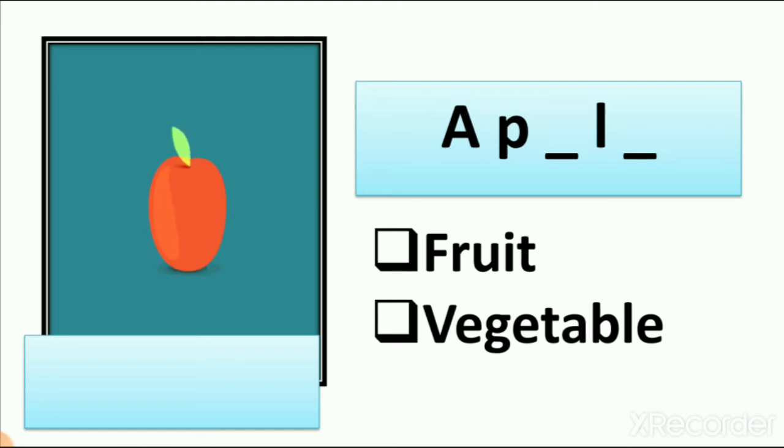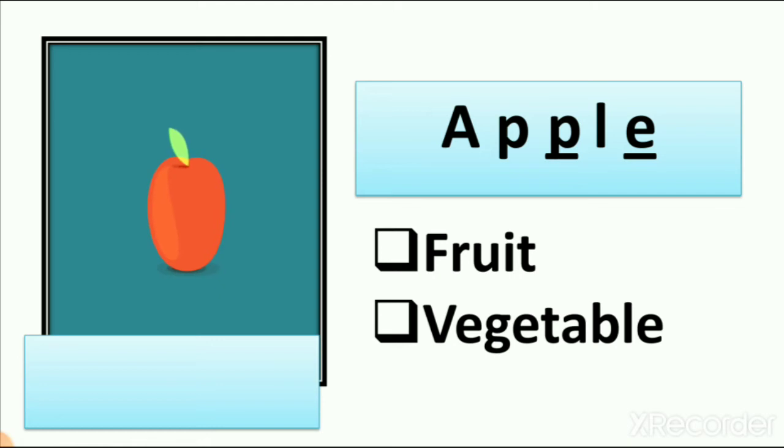So the spelling of apple, you all know? Yes. So what is the spelling of apple? We have A, then P, the next letter is again P. So we write here P, and L we have, and E. So the spelling of apple is A double P L E.